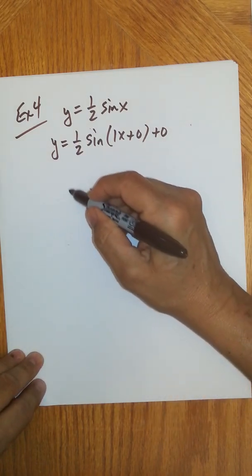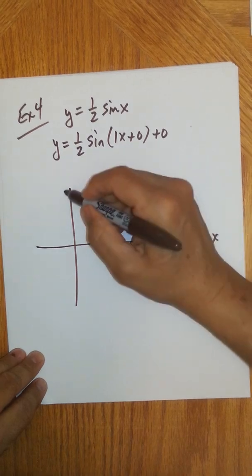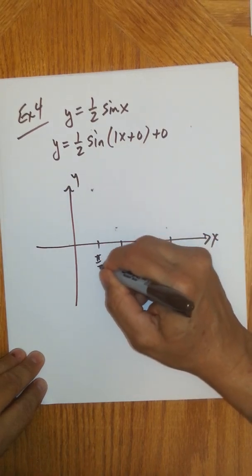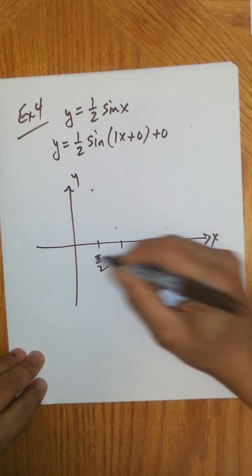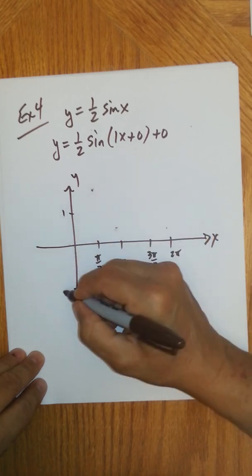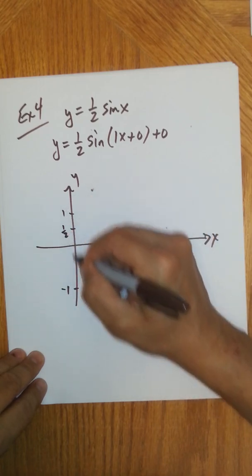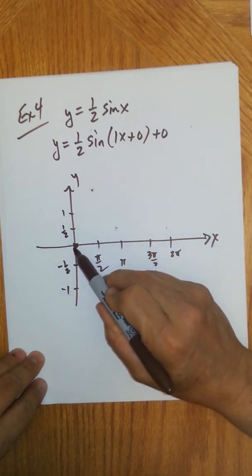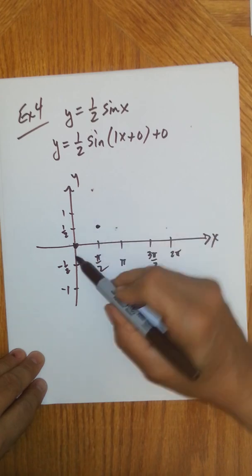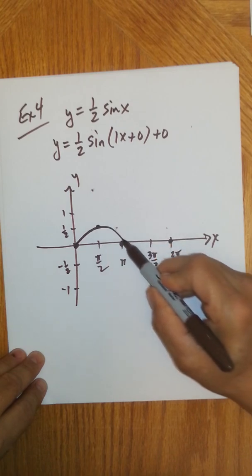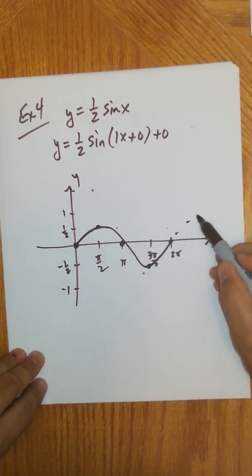So what that means is instead of going up 1 and then down 1, if this had been 1, now we go half as much, so to a half. We'll wrap around. So here I start at 0 at the axis, go up to a half instead of going up to 1. Come down to the axis, go down to a negative half, come back up. And again, it goes on forever.